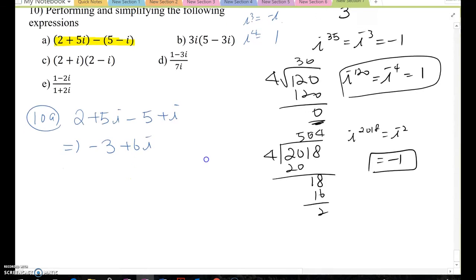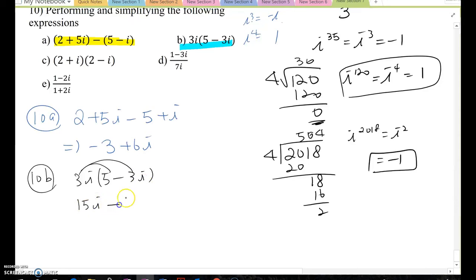Now, B. Now we are multiplying, right? Therefore, you need to distribute. So for 10b, 3i times 5 minus 3i. Therefore, 15i minus 3i squared.